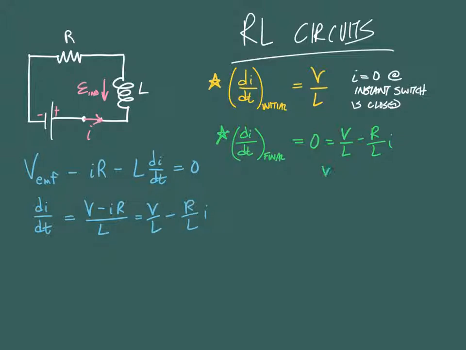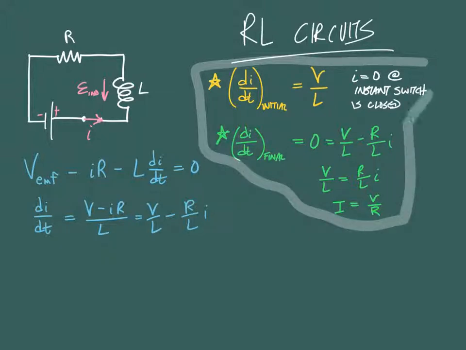Which just means V per L equals R per Li, which just means I equals V per R, which is just Ohm's law. So this little side exists largely to just kind of get back Ohm's law. That's good. All right, it shows we're on the right path. We'll still be able to use it.